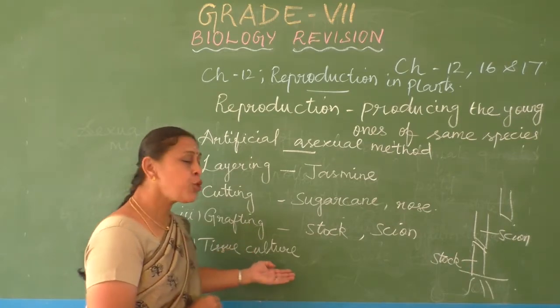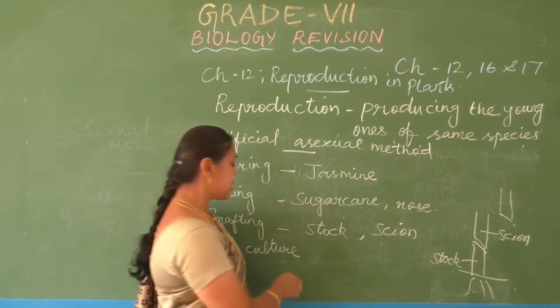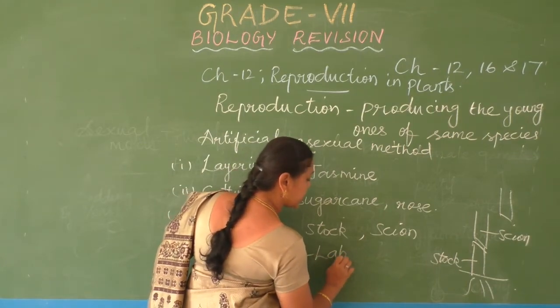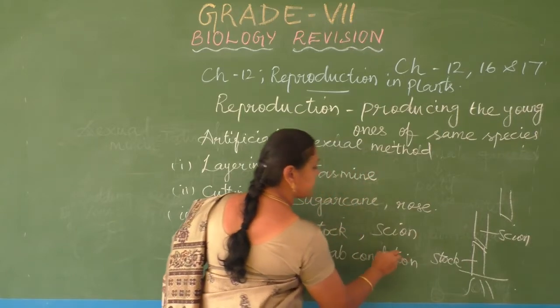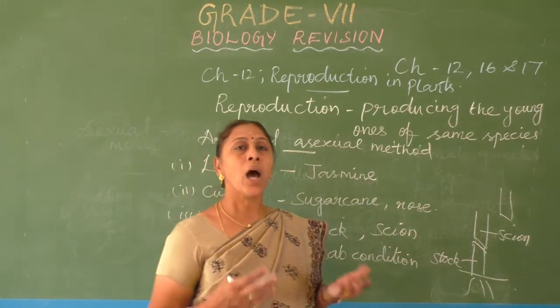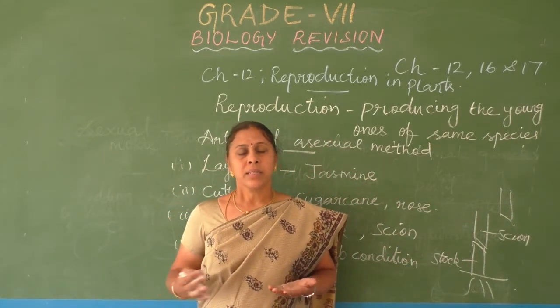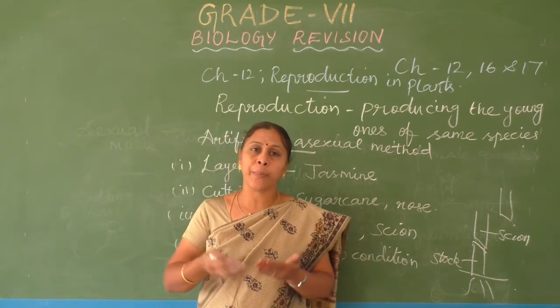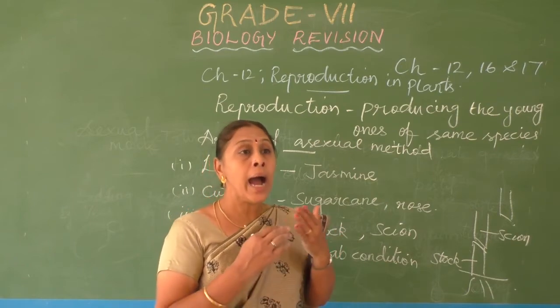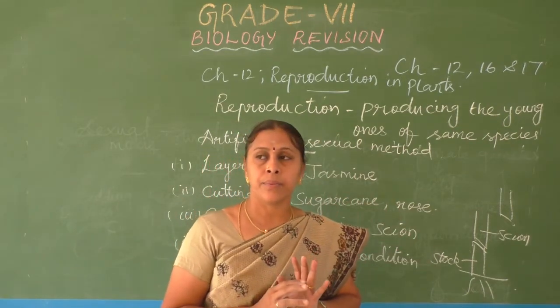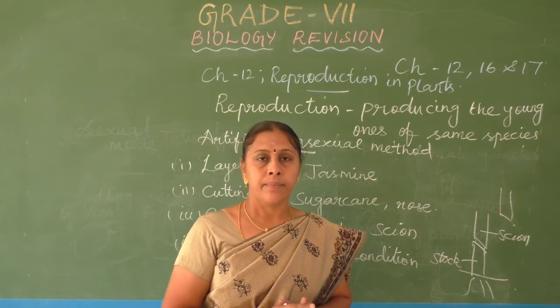Next one, tissue culture. That is done in lab conditions, using plant hormones. Plant hormones like auxin and other growth hormones will be introduced and the plants will be grown in an artificial environment.